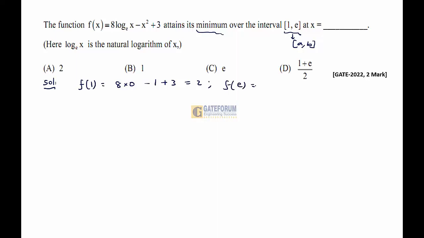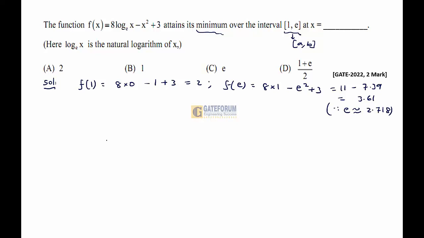Put x is equal to e in f of x: 8 into log e to the base e, value 1, minus e square plus 3. E is approximately 2.7182. So this simplifies to 11 minus 7.39, which is equal to 3.61.